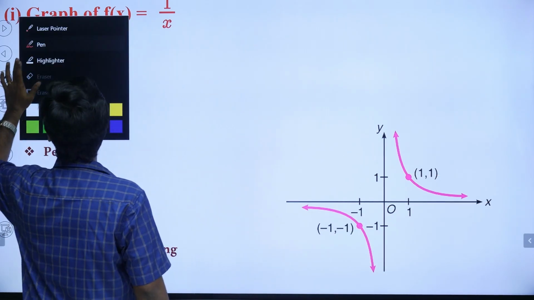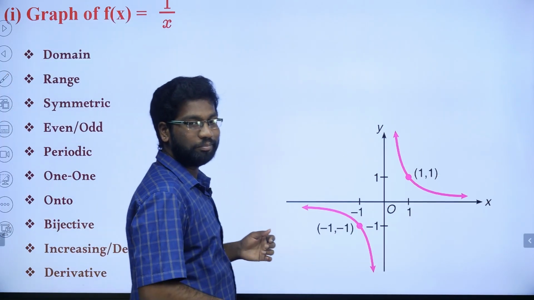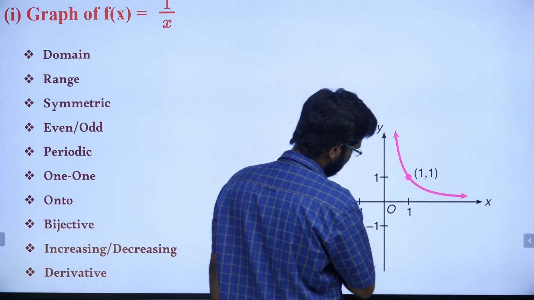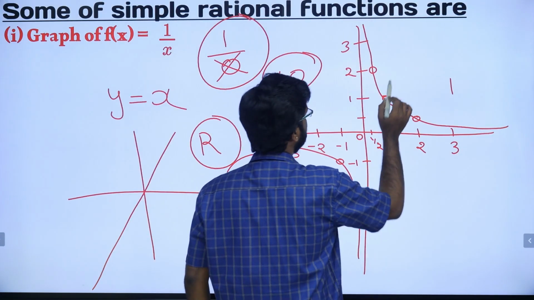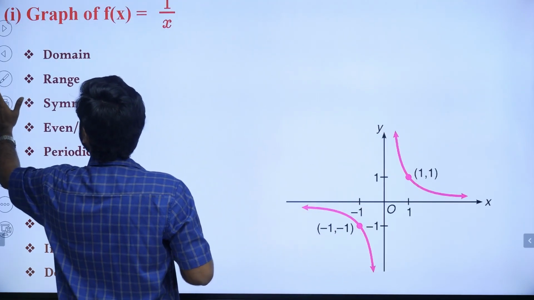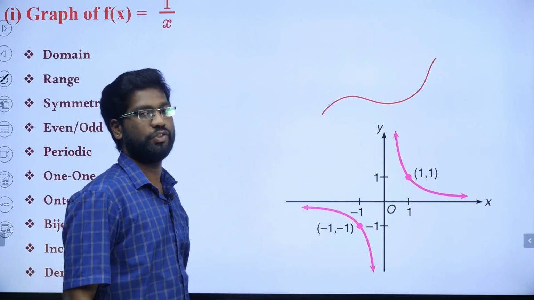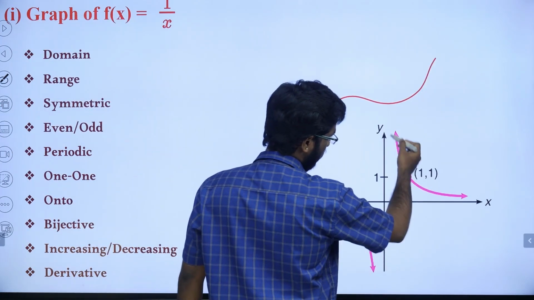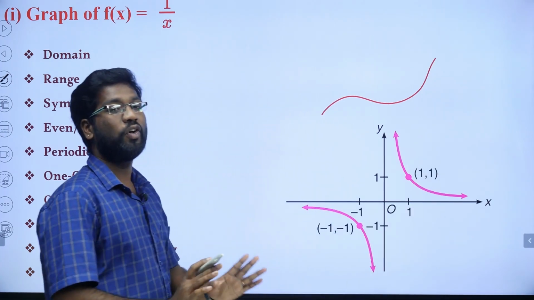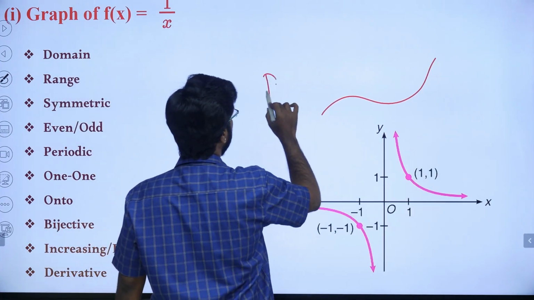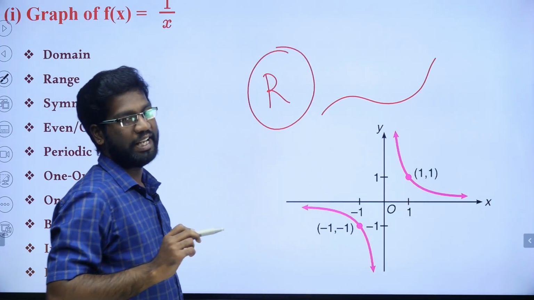Oh, I have erased everything. Okay, fine. Here you can see this is not a continuous graph like this. This is not a continuous graph like this, my dear students. Here these two are discontinuous graphs. So for the entire R, this is not a differentiable function, my dear students.